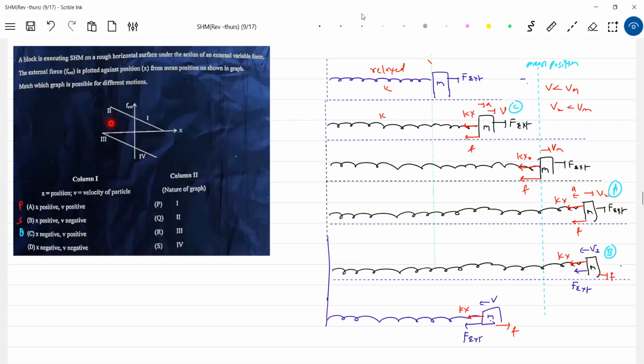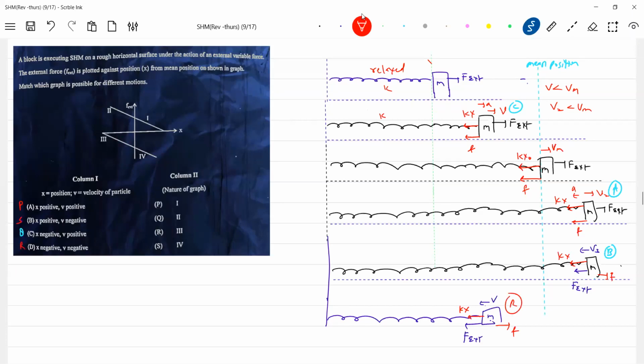Based on the diagram, based on the graph, I should assume the situation here. X negative, V negative. Then what is the possible value? X negative, already one F positive. So F negative can be possible. Third one. So we'll get R. Okay, check once.